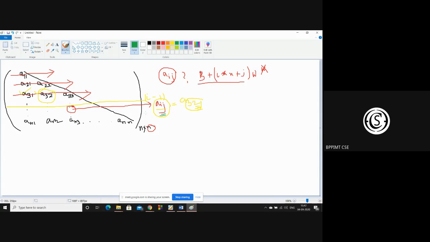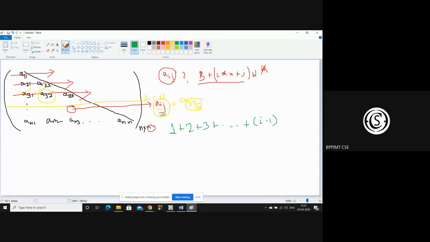So we can write, for the first row 1 element, for the second row 2 elements, for the third row 3 elements, plus up to how many rows? i minus 1, because the desired element is at the ith row, so we have to consider completely i minus 1 number of rows.